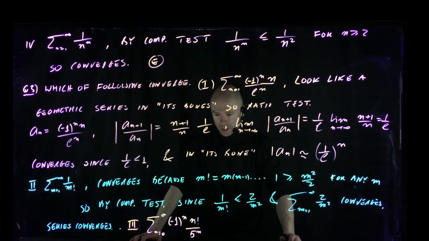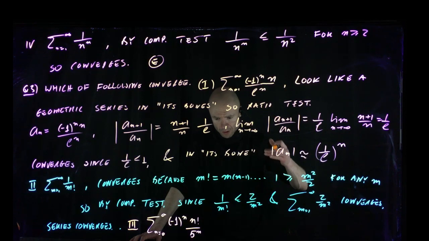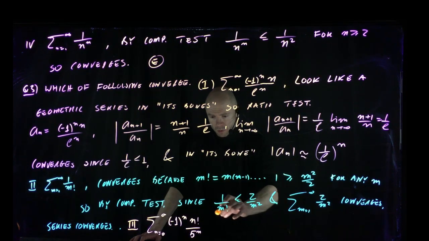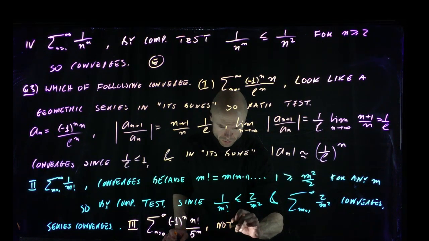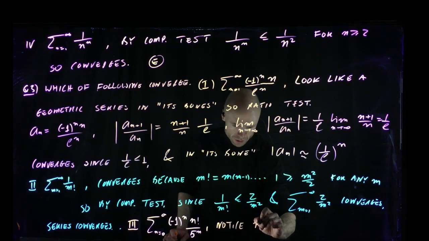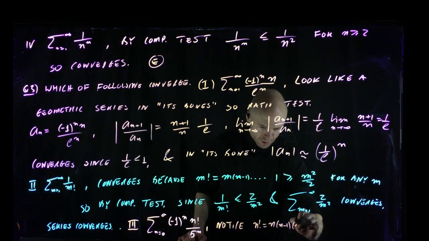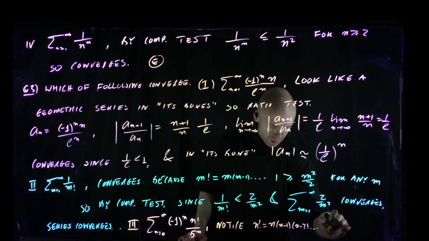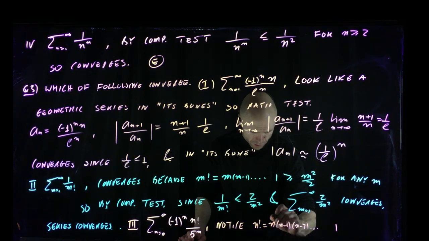So it's alternating. So all we need is that these terms just go down to 0 and are decreasing. But what are they actually doing? So we have n factorial over 5 to the n. So notice n factorial is n times n minus 1, n minus 2, and so on, all the way down to 1. And there are n terms.